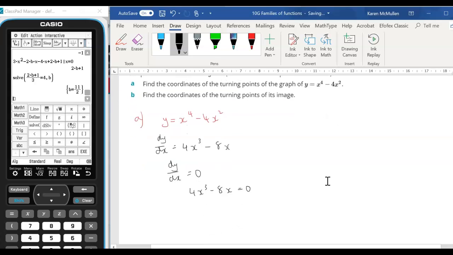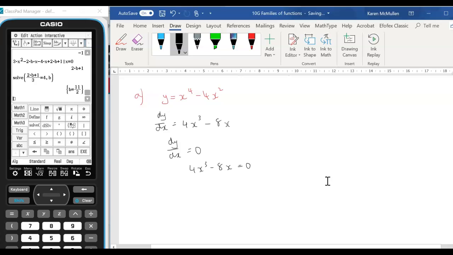All right, so we need to take out a common factor, which is going to be 4x. And we're left with x squared minus 2. So using your null factor law, x is equal to 0, or x squared minus 2 is equal to 0.